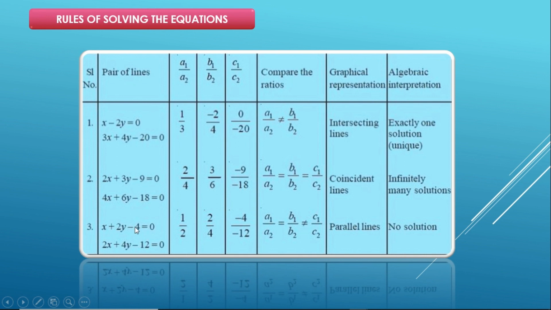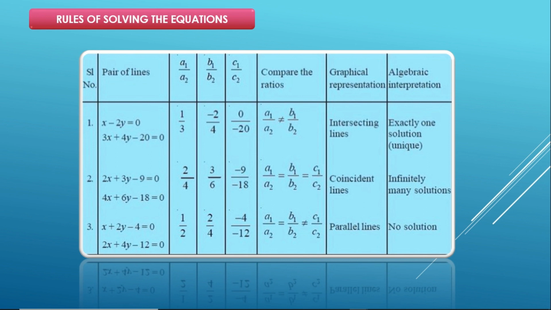Next, moving on to the third case, there are two equations given. When we divide a1 by a2, b1 by b2 and c1 by c2, here a1 by a2 and b1 by b2 are the same. So a1 by a2 is equal to b1 by b2 but not equal to c1 by c2.